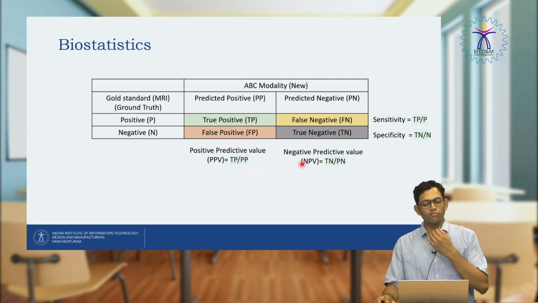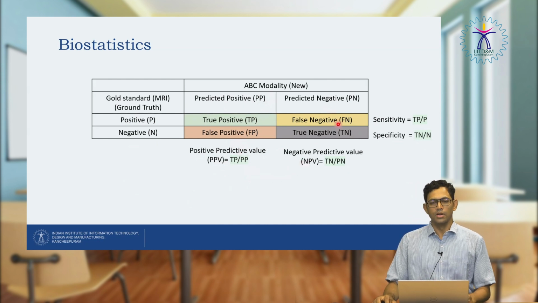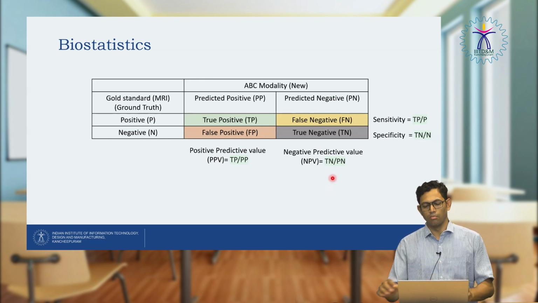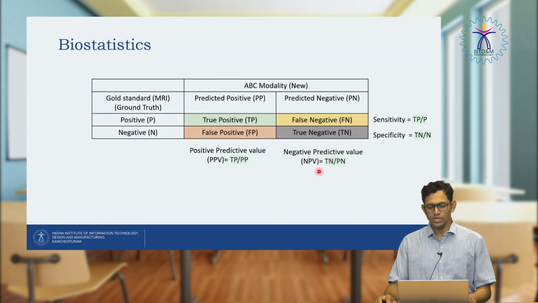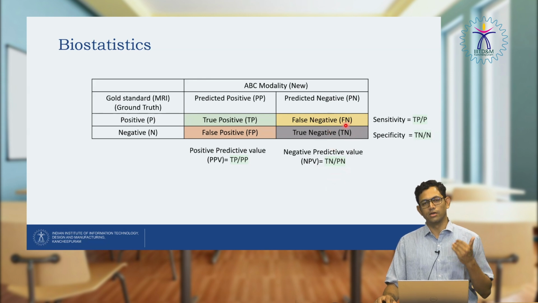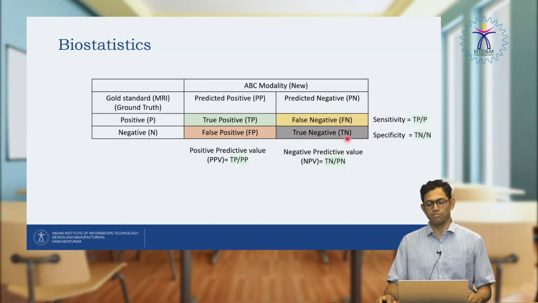And then there is the negative predictive value. So this is the number of subjects who were given a result as negative by our own modality, given as a ratio of the number of patients as true negative divided by the total number of patients predicted to be negative, that is FN plus TN, or PN.